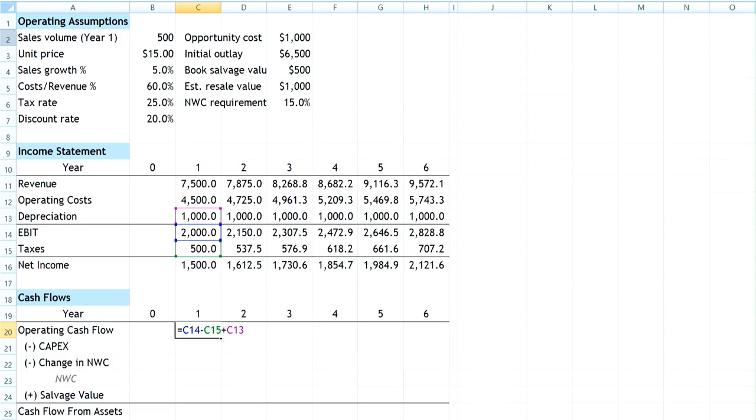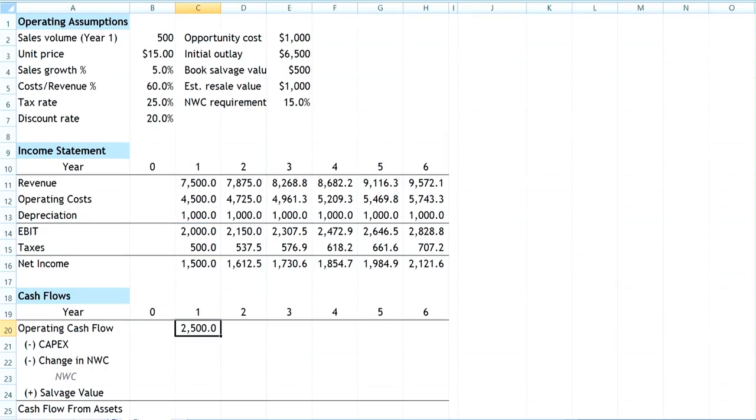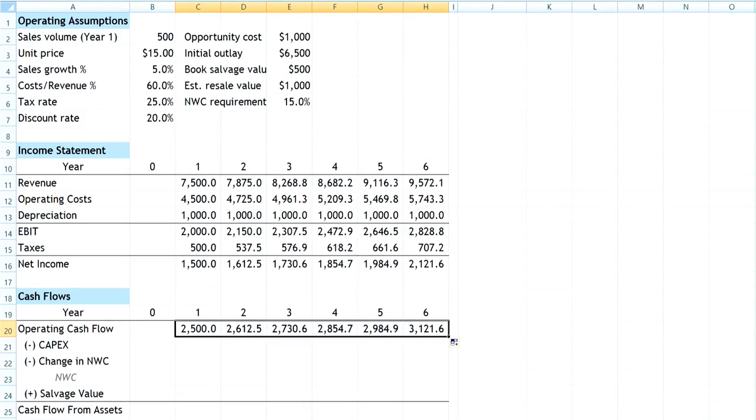It is the operating income C14 minus taxes C15 plus depreciation C13. So we just converted operating income into operating cash flow. We can finish row 20 by copying the formula to the right.